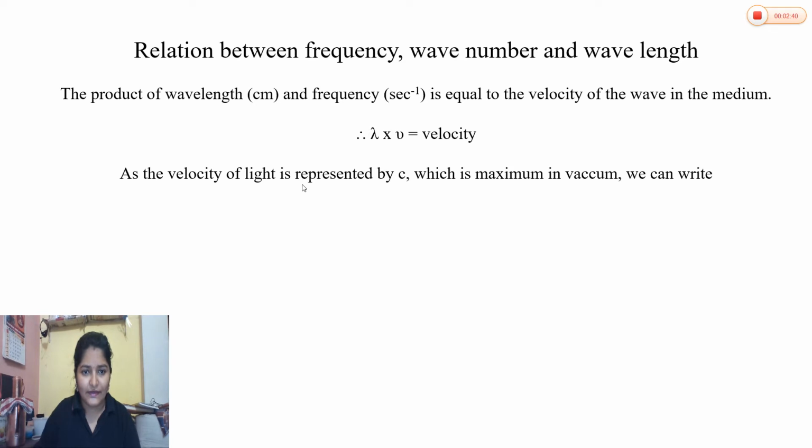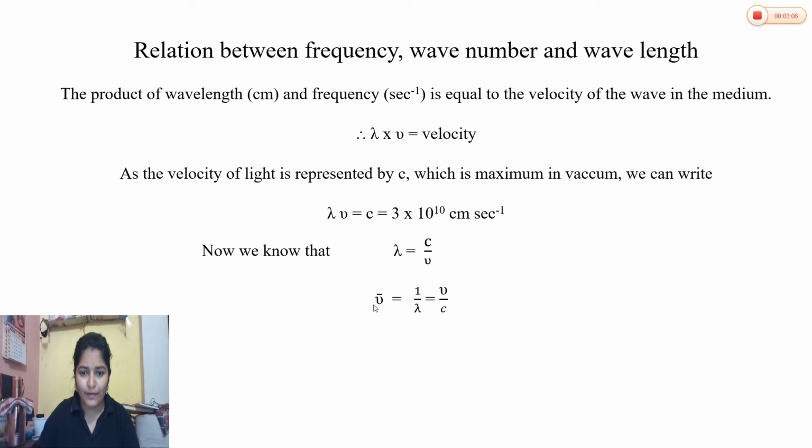As the velocity of light is represented by c, which is maximum in vacuum, we can write lambda mu is equal to c, and the value of c is 3 into 10 raised to 10 centimeter second inverse. Now we know that lambda, that is wavelength, is equal to the velocity of light over the frequency mu.